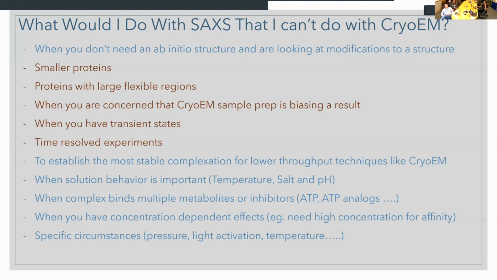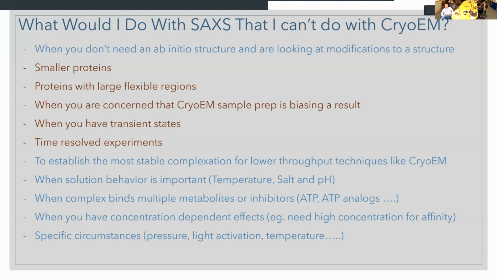You know you're working on a car, please put that information in somehow rather than ab initio. So when you're not doing things ab initio, when you don't need to define everything from scratch, SAXS can be very powerful and fast. For smaller proteins, for flexible things, when putting it on a grid for cryo-EM is biasing your results, or you're looking at one prominent conformation, which isn't the biological conformation.